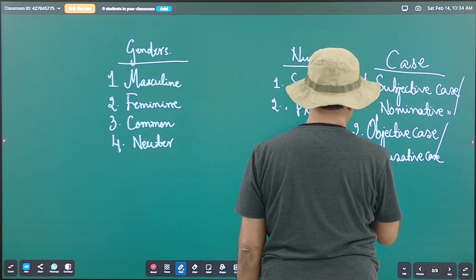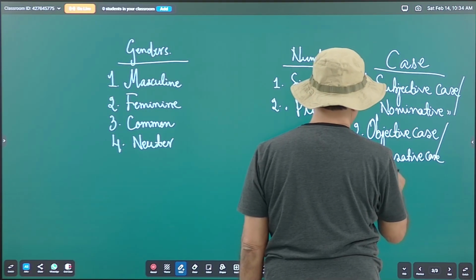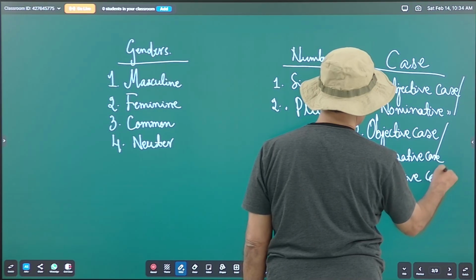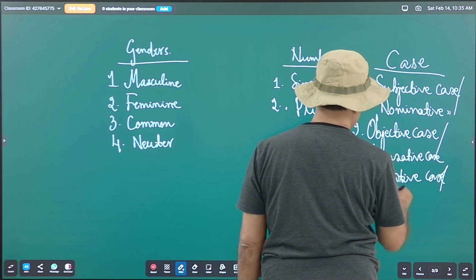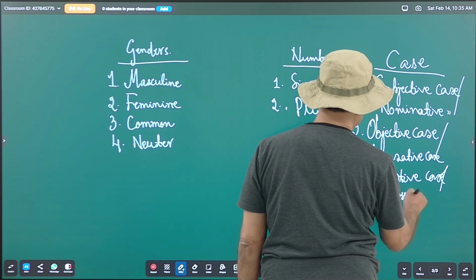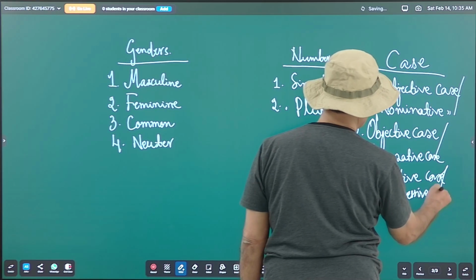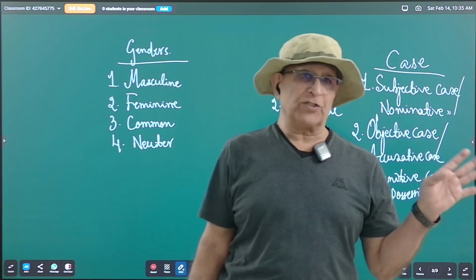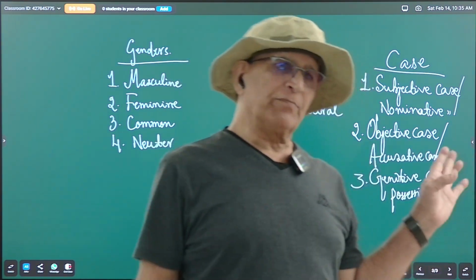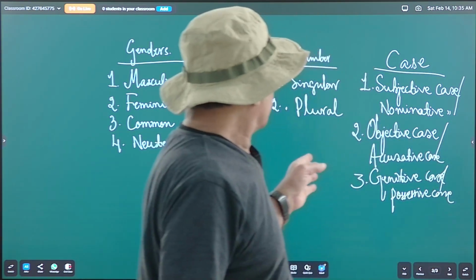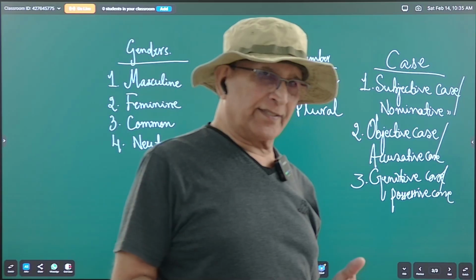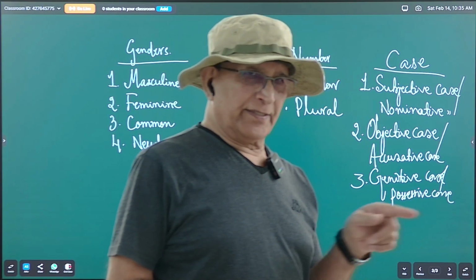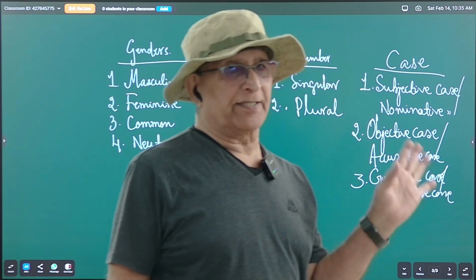Third, genitive case or possessive. Dative case and others not required. Two more. You simply remember these three because we have to concentrate our teaching only related to our competitive exams. That is why.